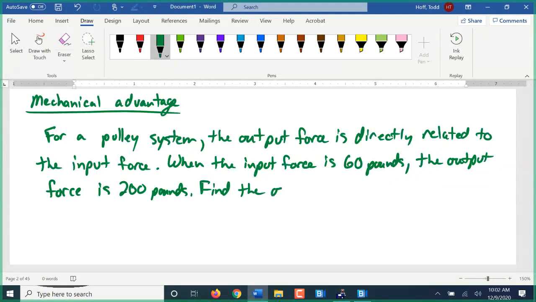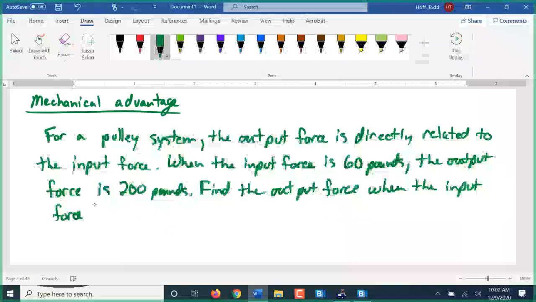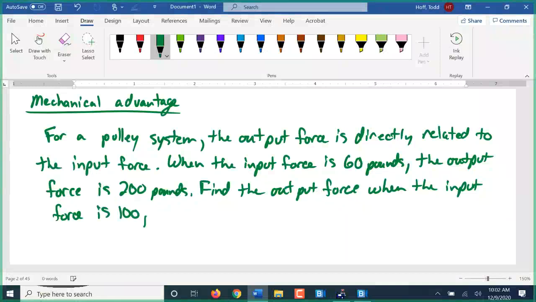Find the output force when the input force is 100 pounds.